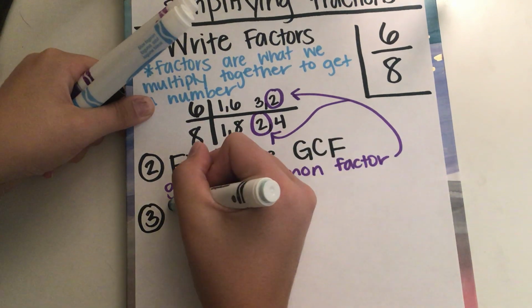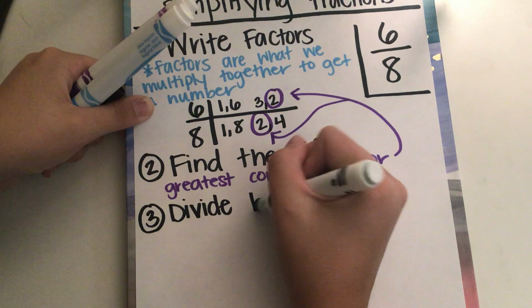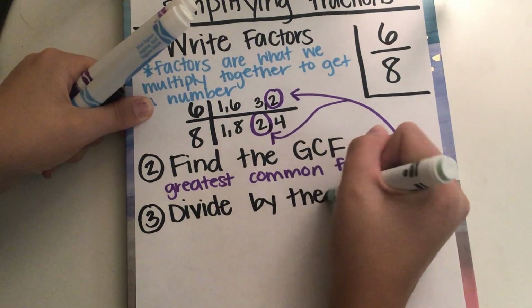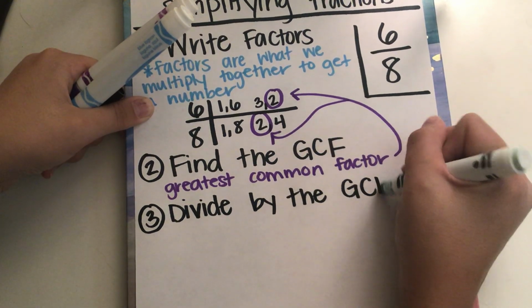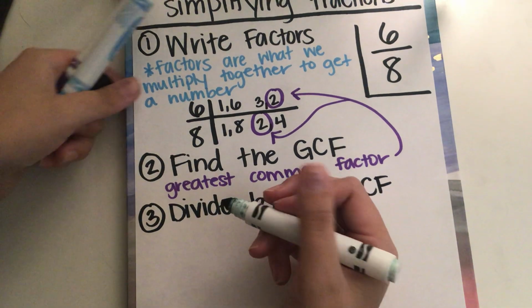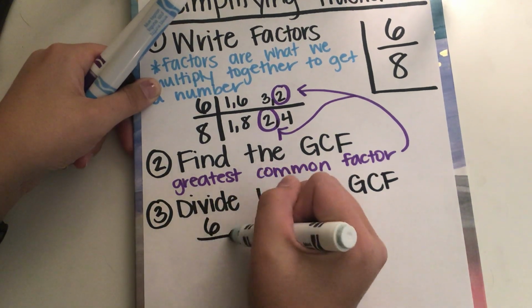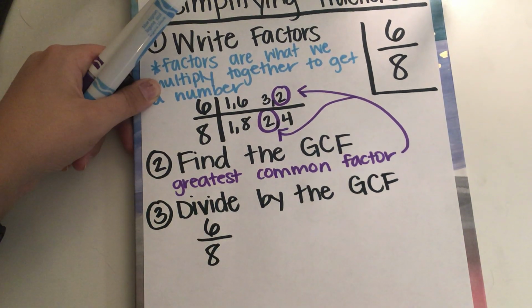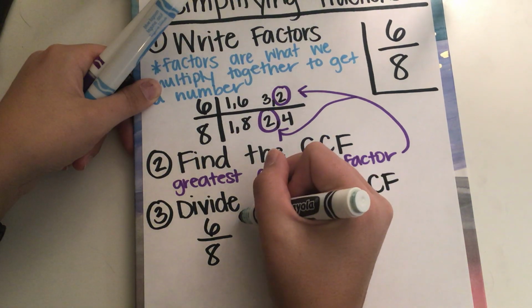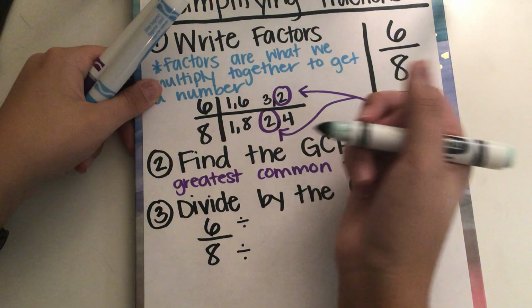Step number 3 is to divide by the GCF. So we're going to divide our fraction by our greatest common factor. We're going to take 6/8 and divide it by what number?